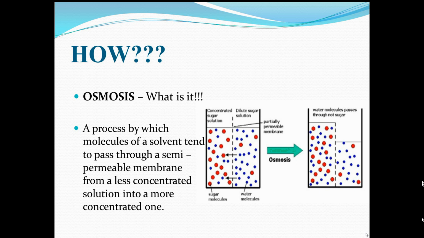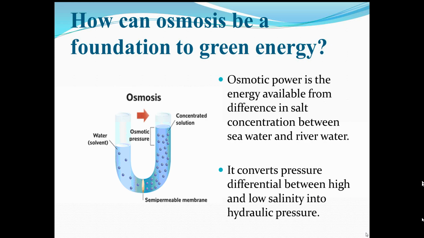As the solvent molecules move to the higher concentrated solution, obviously the height of the concentrated side increases because of the addition of water molecules. How does this height help us in generating power, being a green source of energy?